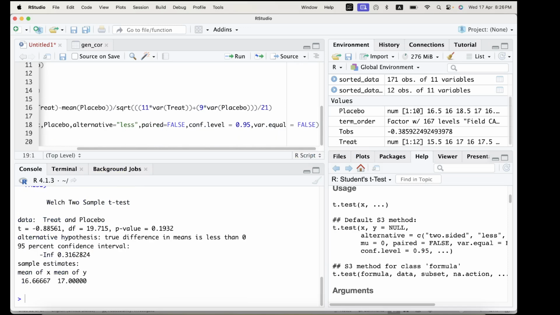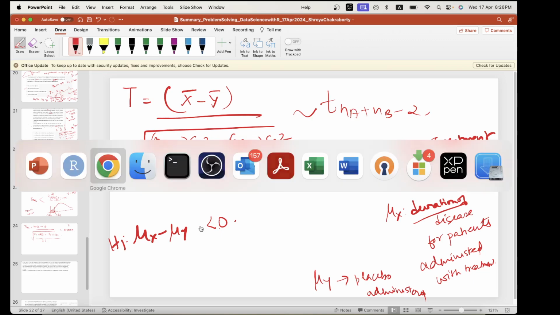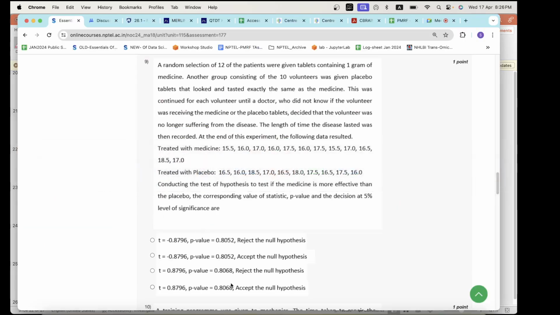So let us see. Okay, so then they are saying T is 0.88561. Is it the same as what we calculated? No. And p-value is 0.193. It's not matching with them also.